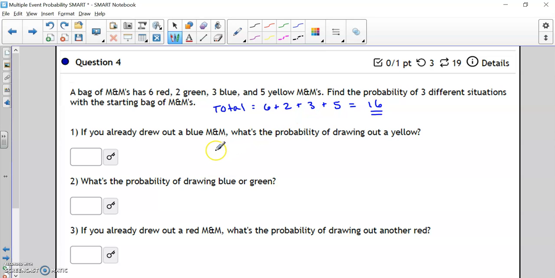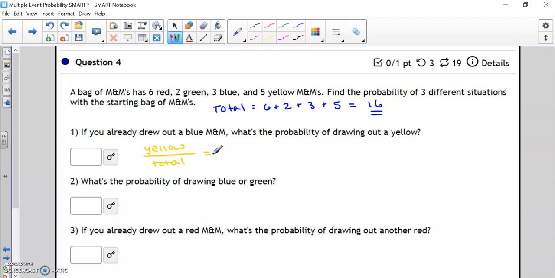All right, so now let's take a look at this. If you already drew out a blue, what's the probability of drawing a yellow? So we know that if we drew out a blue, now the total on the bottom becomes 1 less than it was originally. So let's start with my setup here. We know that if we're doing a probability of a yellow, we're going to need yellow divided by the total.